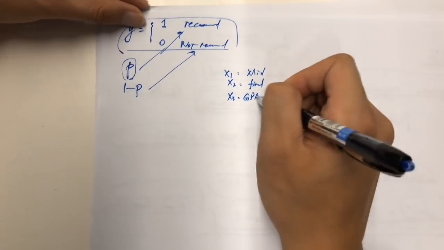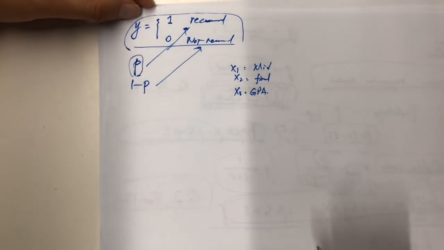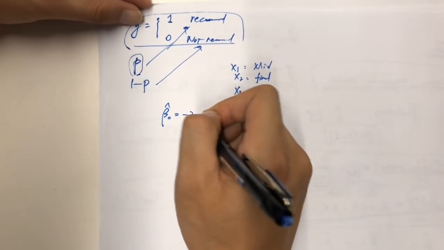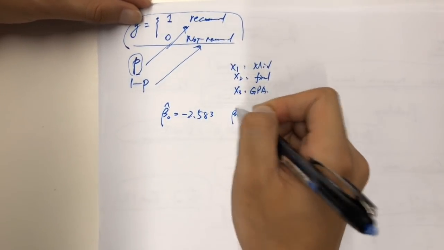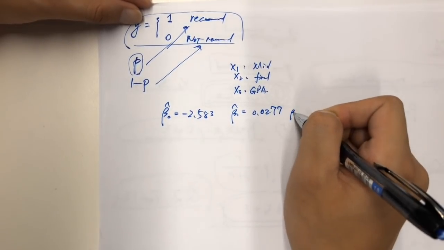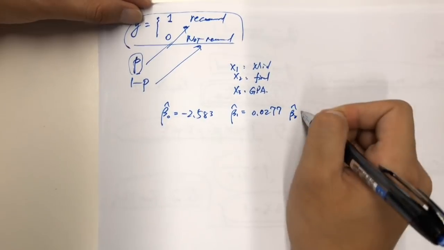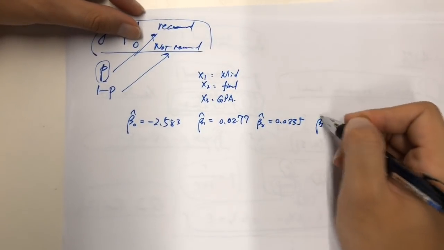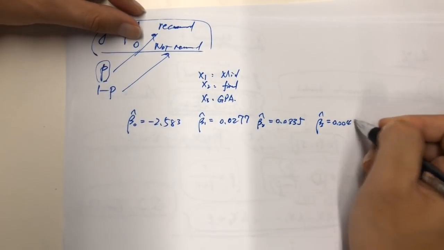X1 is their mid-semester mark, X2 is the expected final mark, and X3 is the grade point average, the GPA. In the question, you are given that beta 0 hat is minus 2.583, beta 1 hat is 0.0277, beta 2 hat is 0.0335, and beta 3 hat is 0.0041.